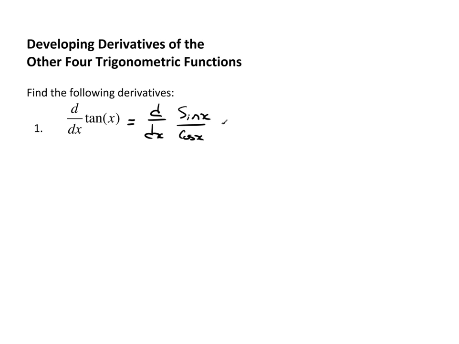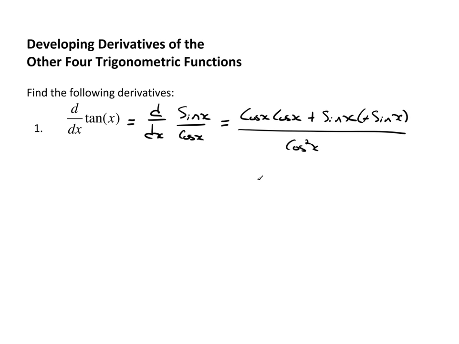quotient rule. So this will equal the derivative of sine, which is cosine, times cosine of x, minus sine of x times the derivative of cosine, which is a negative sine of x. Clearly this is going to cancel and give me a plus up here, divided by cosine squared of x.